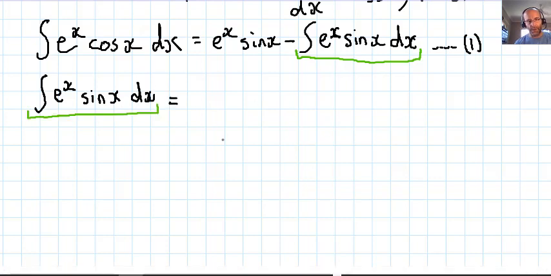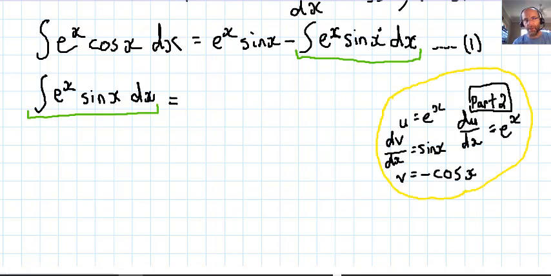So to generate that green expression, another way of doing it would be to apply the rule for integration by parts to it, and just quickly we'd get those results there.